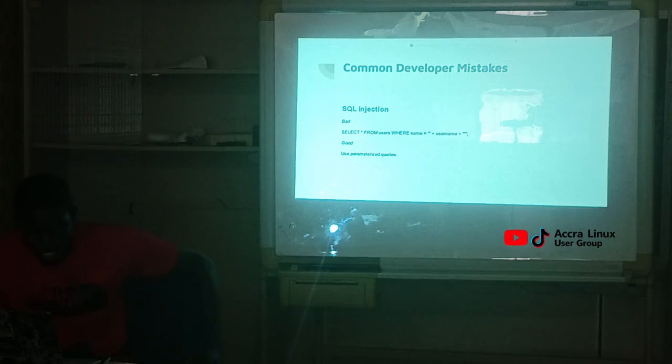Okay, so the good way is to use parameterized queries. I would have to show it. But basically, we have what we call escaping, and escaping is for characters which are sensitive characters. Examples of these characters are semicolons.